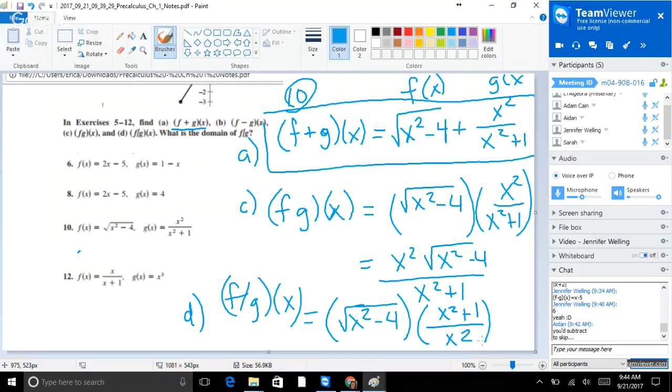I saw that, Aiden. All right, so what is the domain of the function that is f divided by g of x?